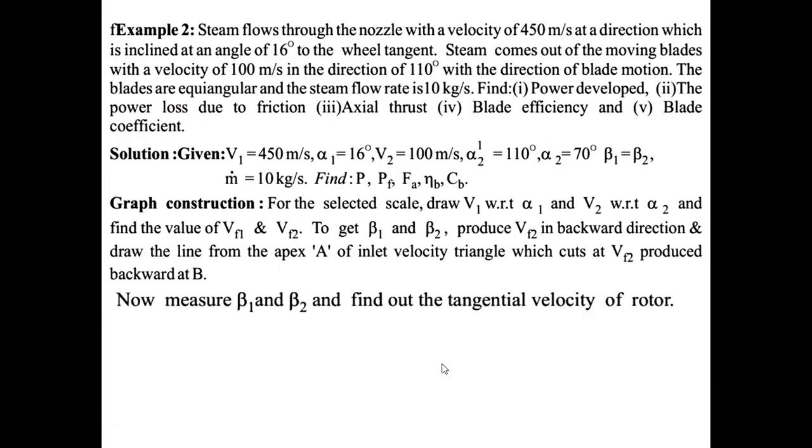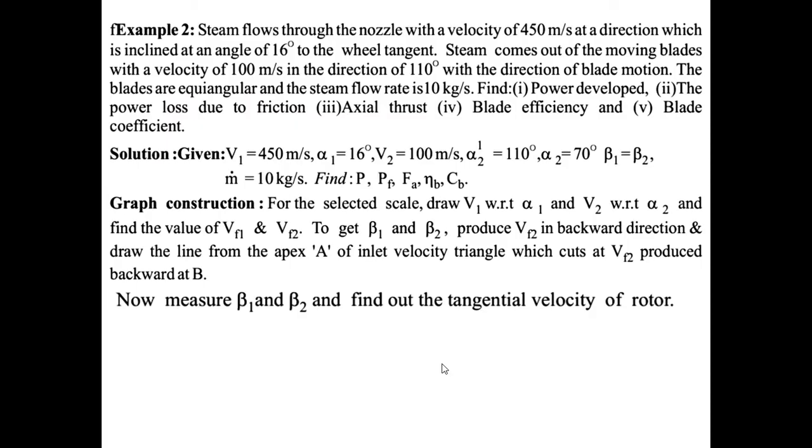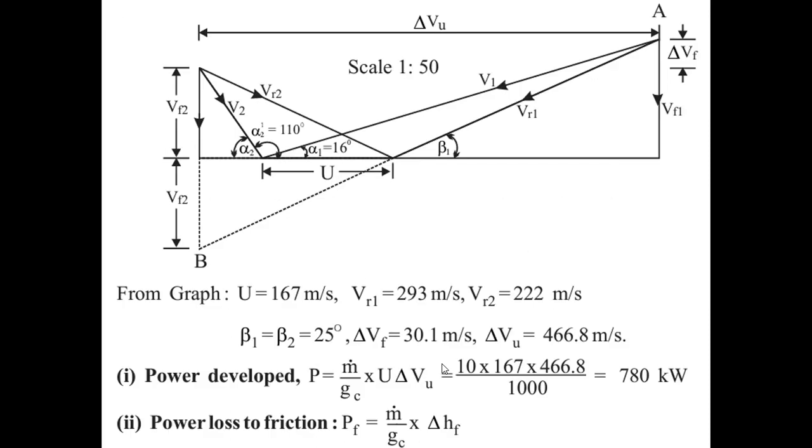So 110 degrees from the U line, or the tangent of the blade line, you cannot take as alpha 2. It will be alpha 2 dash. Deflection angle is given, so to find alpha 2, I will take 180 minus 110 and write alpha 2 as 70 degrees. With the 70 degrees, I will take V2 as 100 meter per second because it is related with the blade motion. Related with the blade motion means it is V1 or V2 only, not VR2.